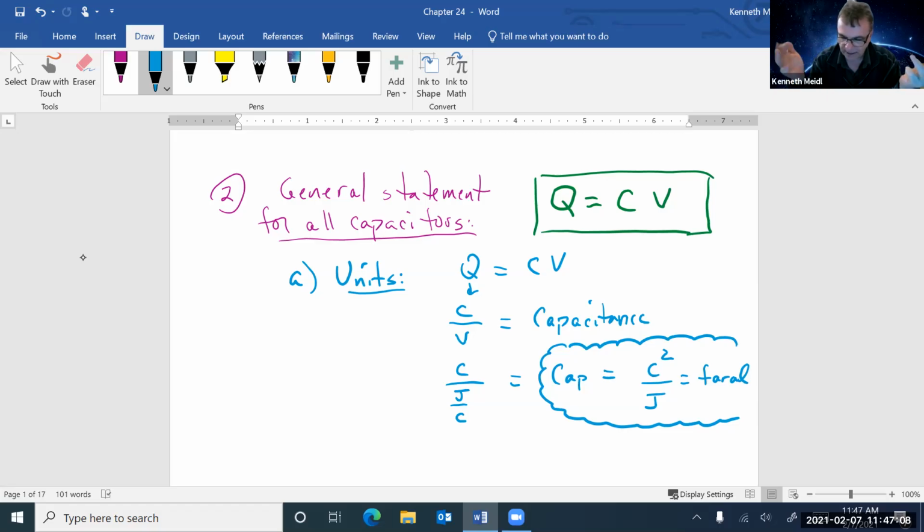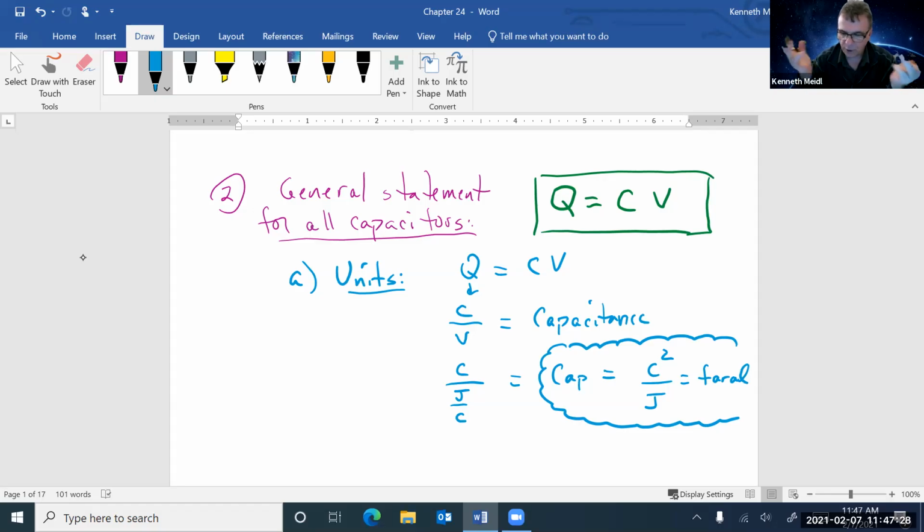Now capacitance is very close to the idea of what the device can hold. So if you've got two little parallel plates and they're small, maybe not as much charge can go on those as on bigger plates, if you're using the same voltage source, to do an even comparison.